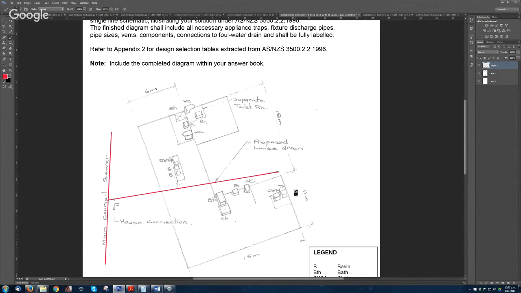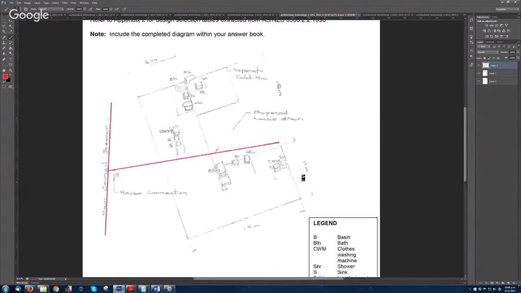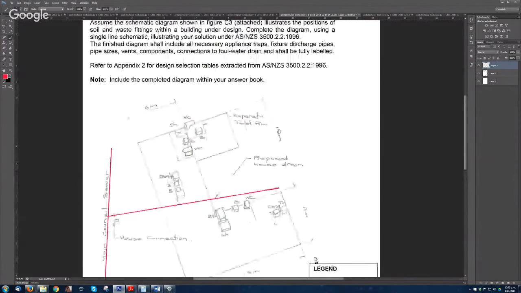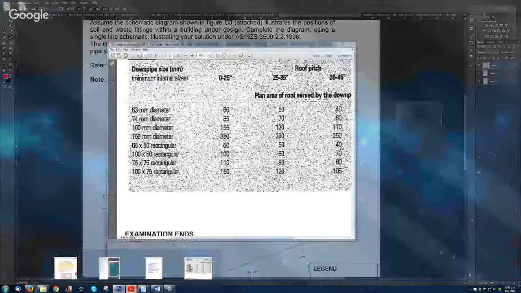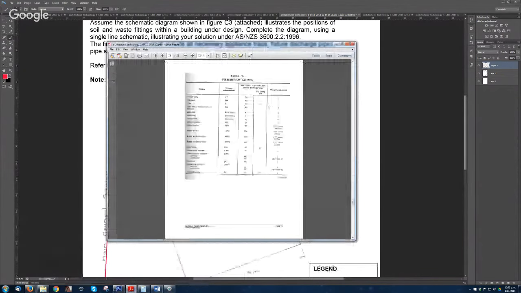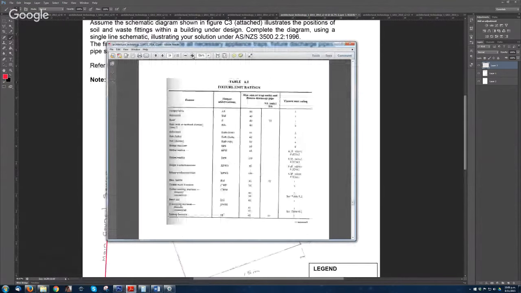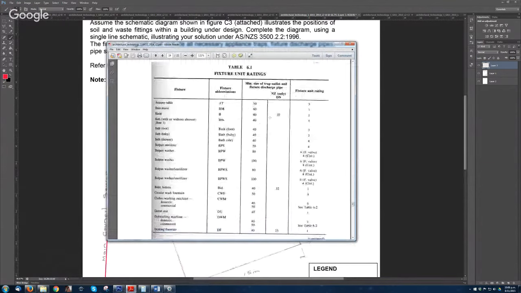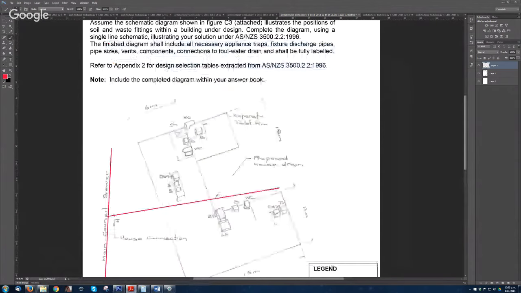Okay, first you need to do the fixtures. That's the things that you need to look at. I think most people know how to do that.